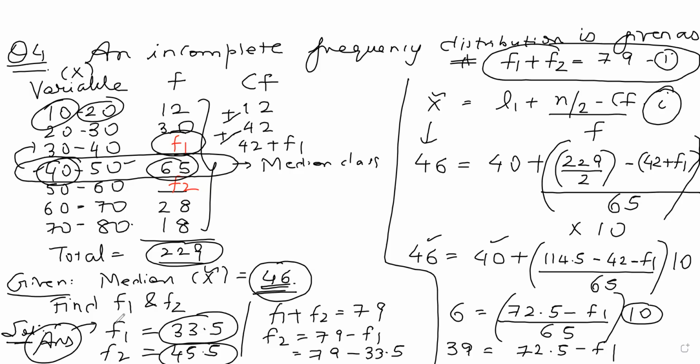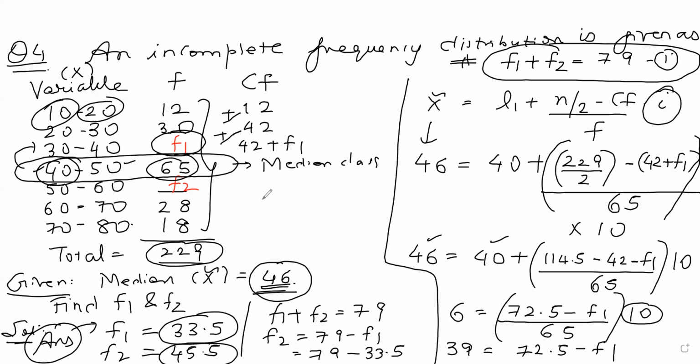Hoping all students have understood this. If in the question they mention that the frequency cannot be a fraction, in that case you can take F1 as 34 and F2 as 45. But this is the actual or the true answer. We cannot expect the frequency to be negative or in fractions.